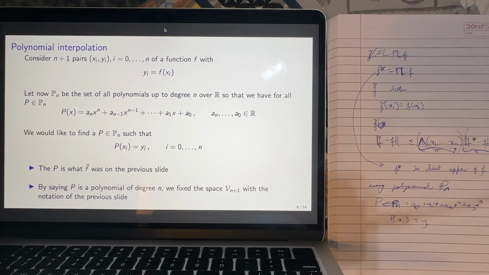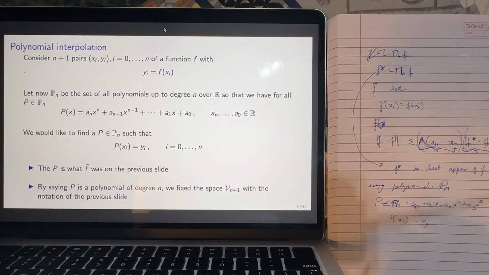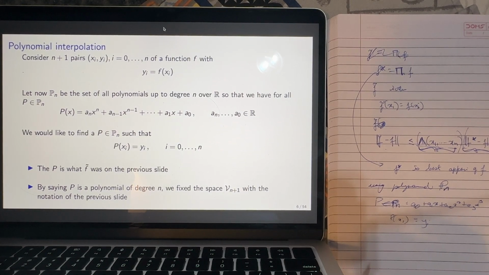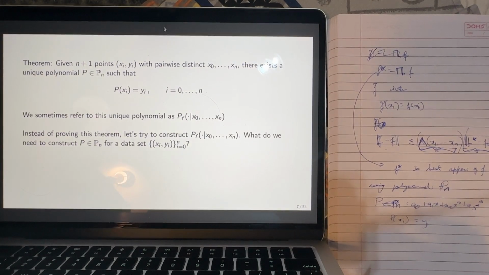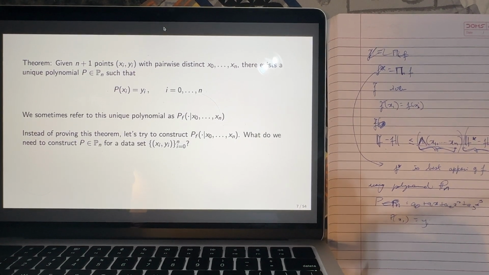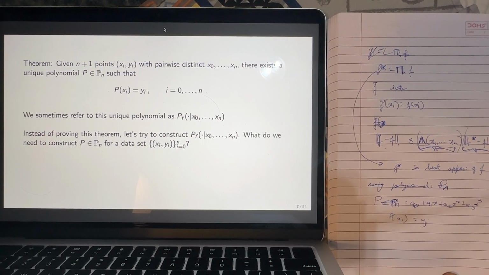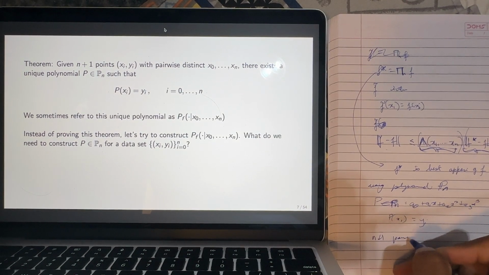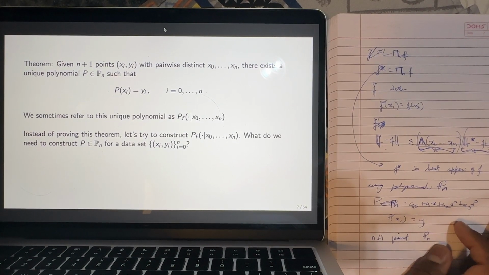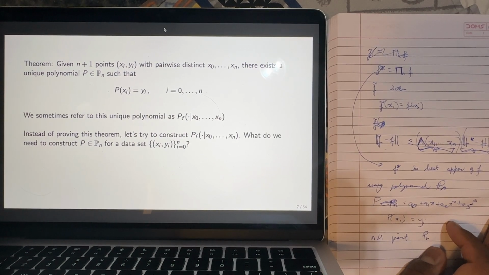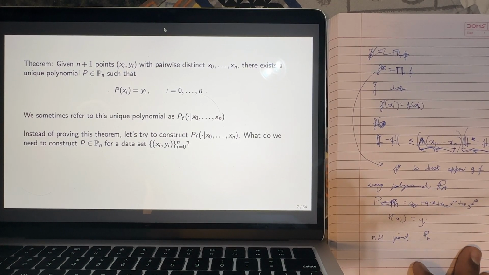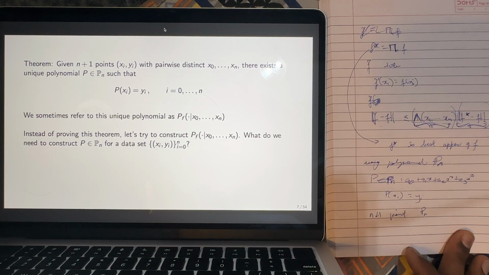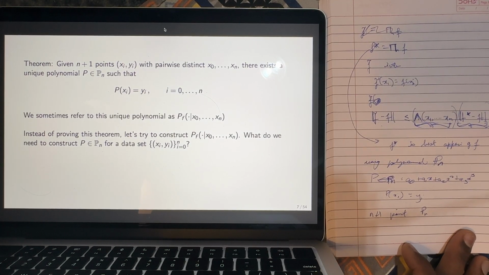By saying polynomial of degree n, we fix the space. Given n plus 1 points, there exists a unique polynomial of degree n such that p of xi equals yi. Good to know. We sometimes refer to this unique polynomial as pf.